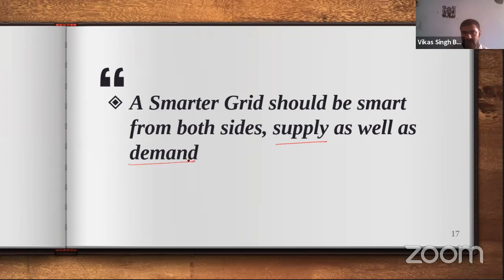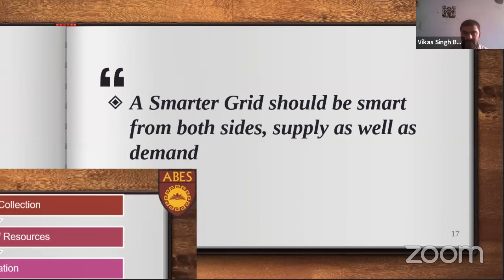Generally, the power supply system in which we use electricity is smarter from the supply side. But in smart cities, it should be smarter from the demand side also. And how it will be smarter will be discussed in the upcoming slide.